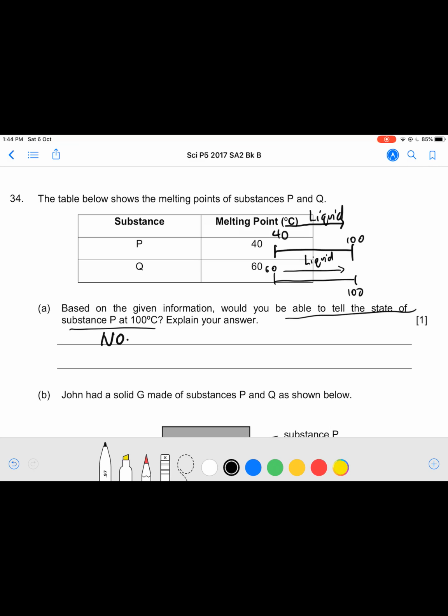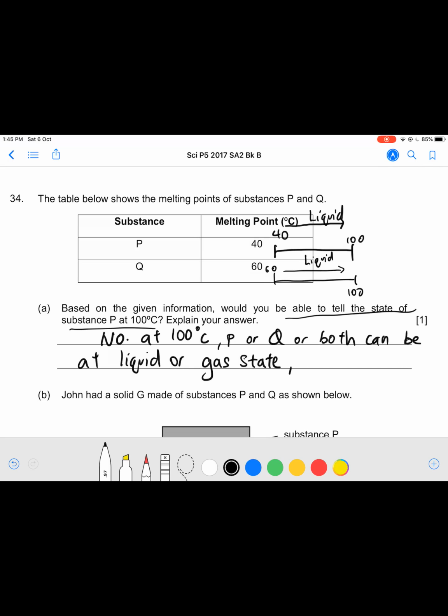The choice is no. Reason is, although it looks like they are both in liquid state, but what if their boiling point is less than 100? They will have already boiled at 100. They will have already become a gaseous state, right? So we won't be able to tell. Why? Because at 100 degrees Celsius, this P or Q or both can be at either liquid or already boiled, so we can't really tell.